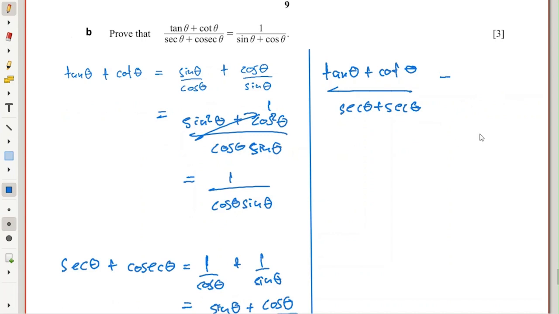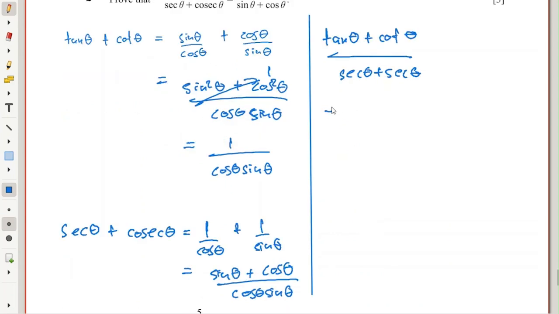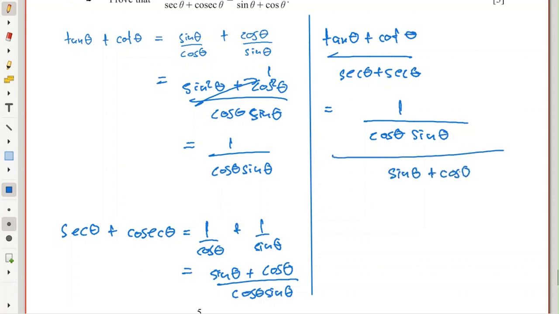Let me come down here. This and this can cross out. So I'm going to have 1 over sine theta plus cos theta.